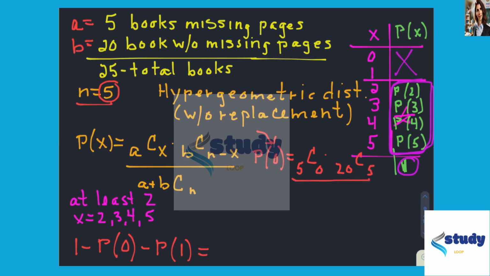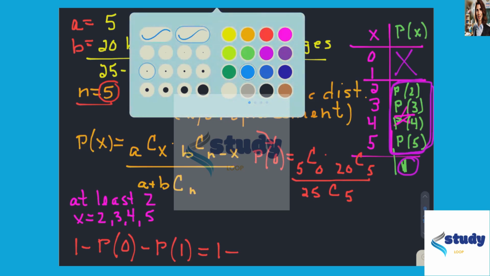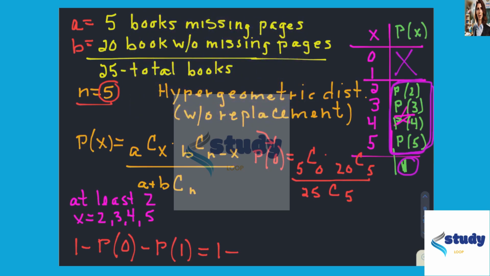And our denominator would be the A plus B, which is the total inventory of 25, and we are taking 5 at a time. So when I calculate that value out, my probability of 0 books with missing pages would be approximately 0.29181.